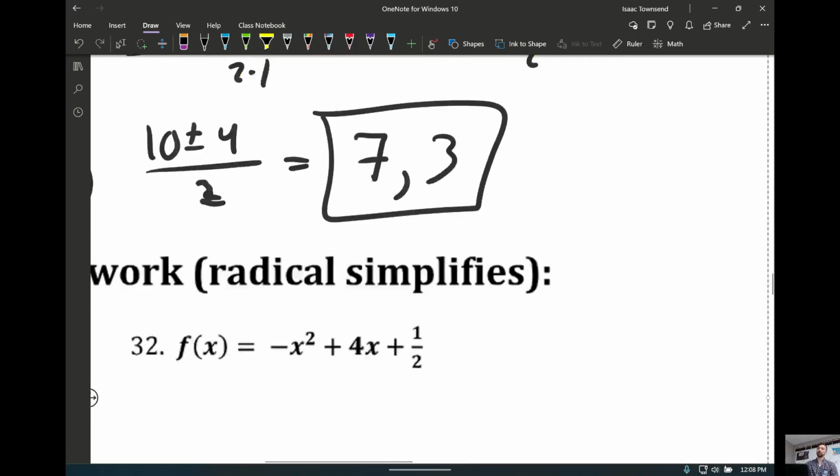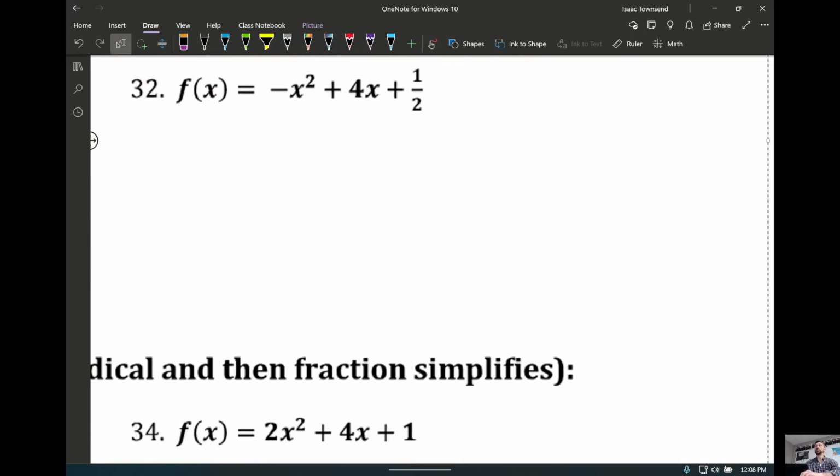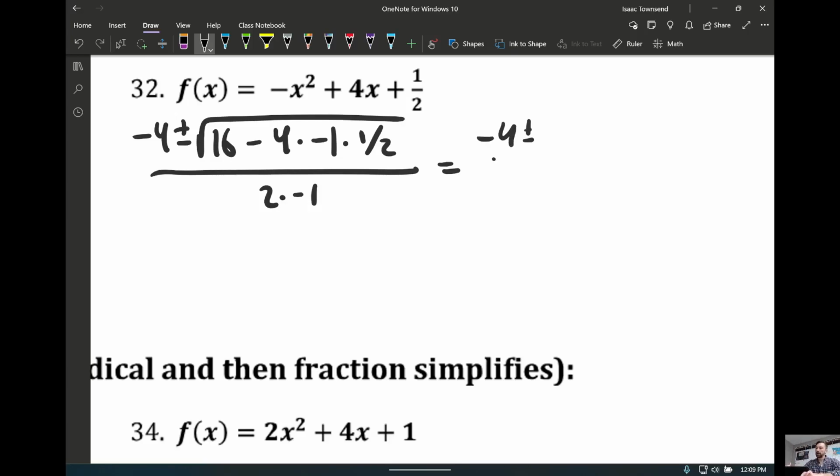Okay, your next one, the discriminant should have been a little bit messier, but the first few steps are the same thing. Opposite B plus or minus square root of B squared minus 4 times A times C, all over 2 times A. If you know the quadratic formula and you know where A, B, and C come from, that's all the time you should need to get it set up. So I can do 2 times negative 1 in my head, not a problem.